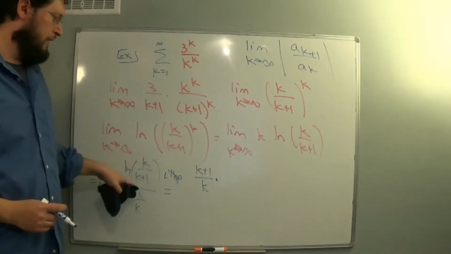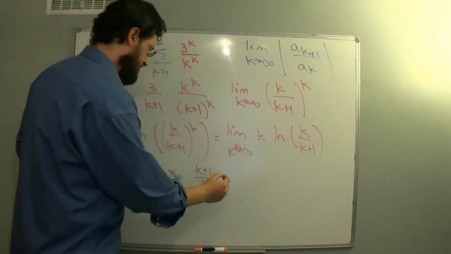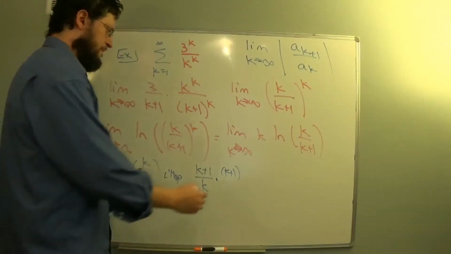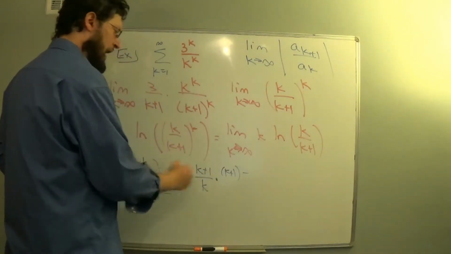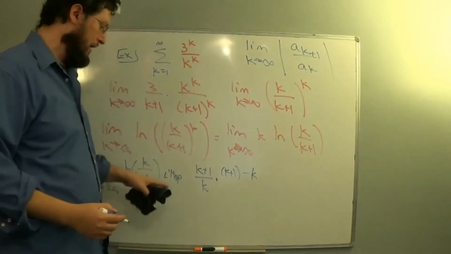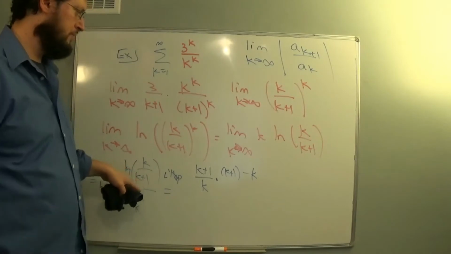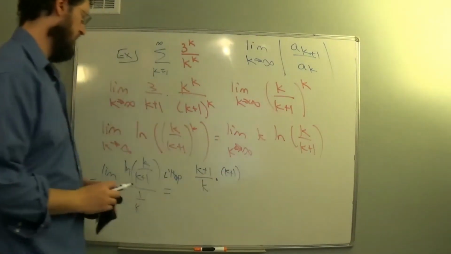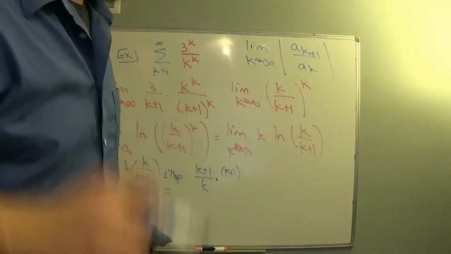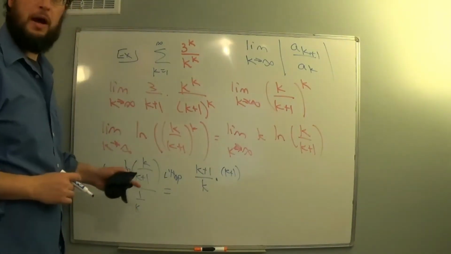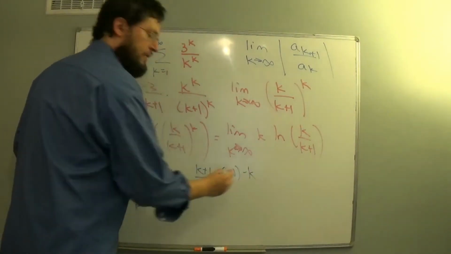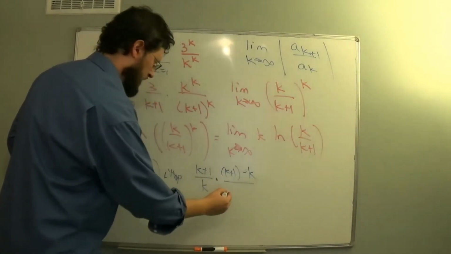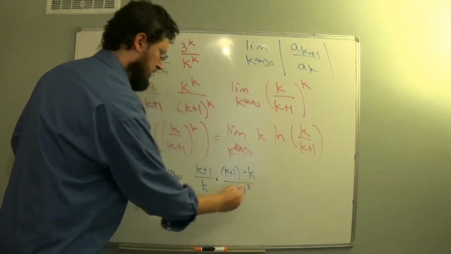The quotient rule is the bottom times the derivative of the top, which is 1, minus the top times the derivative of the bottom. The derivative of the bottom is also 1, all over the bottom squared. So that will be k plus 1 squared.